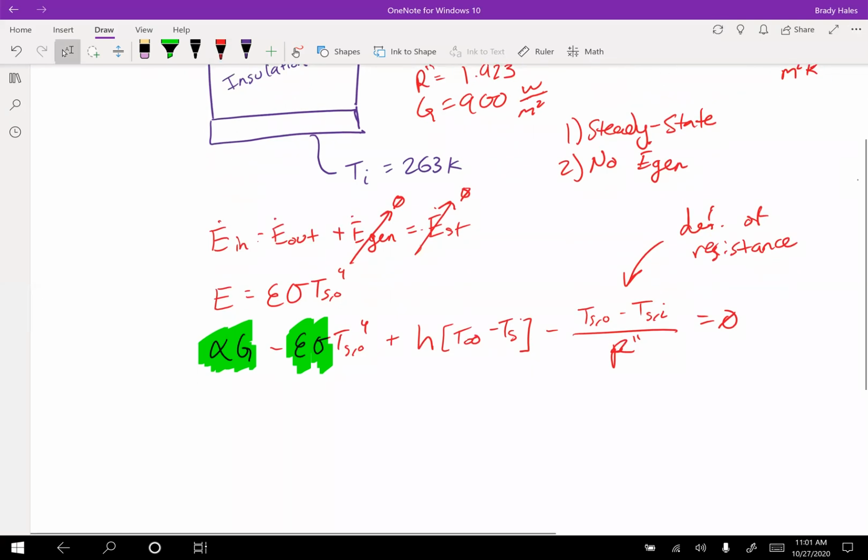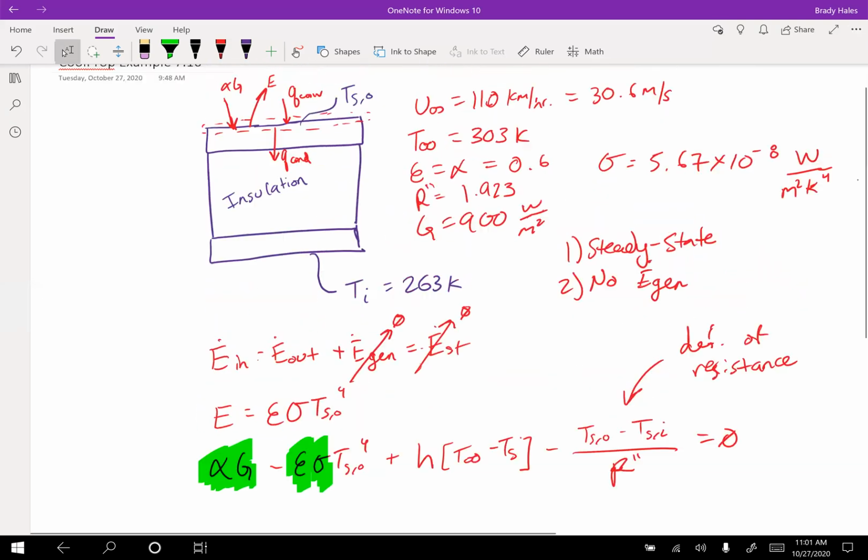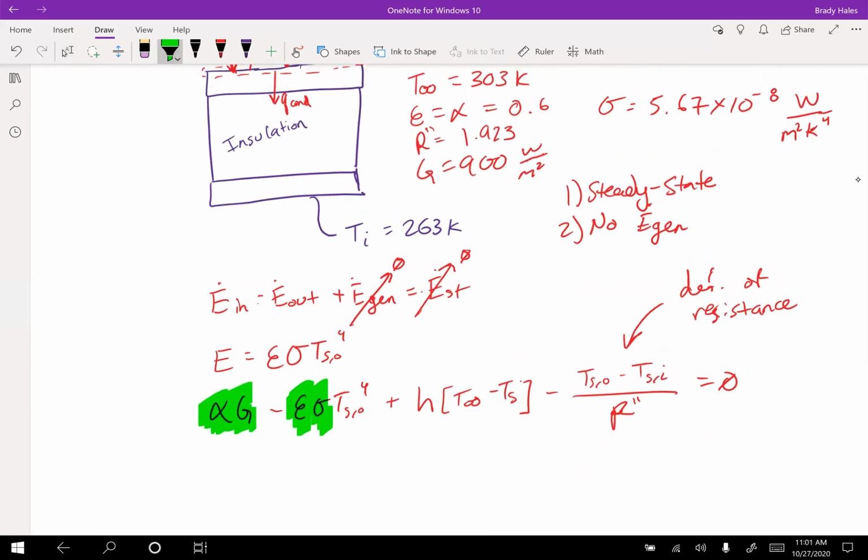Okay, we don't know H, we know T infinity, that's 303 K. Let me clarify, this is TSO. TSI is 263, and I gave you the resistance. That is something you can calculate looking at the problem.